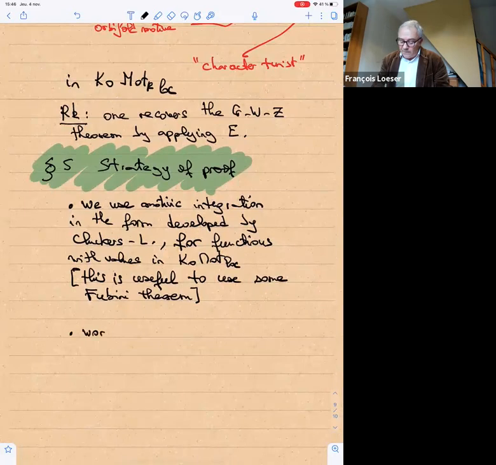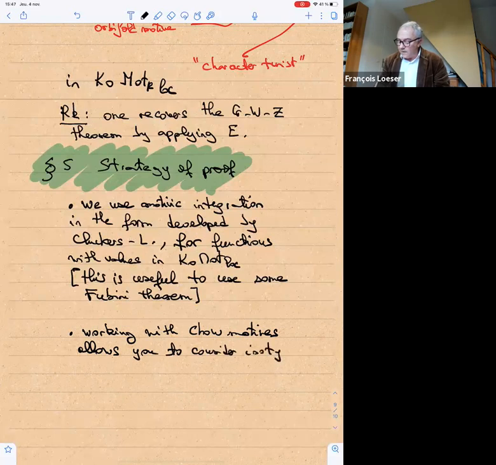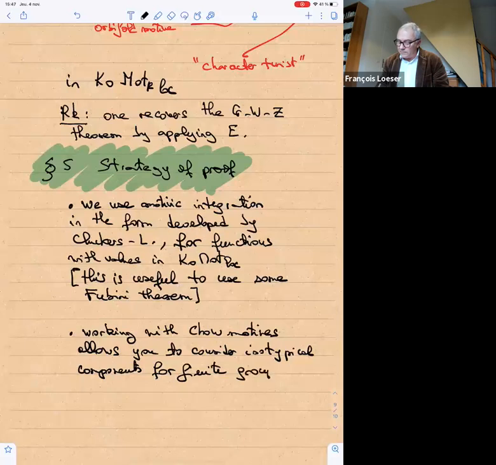So working with Chow motives allows to consider isotypical components for finite group actions.